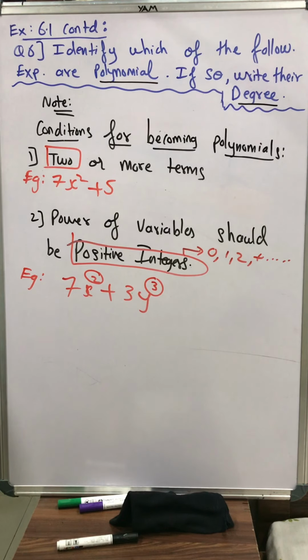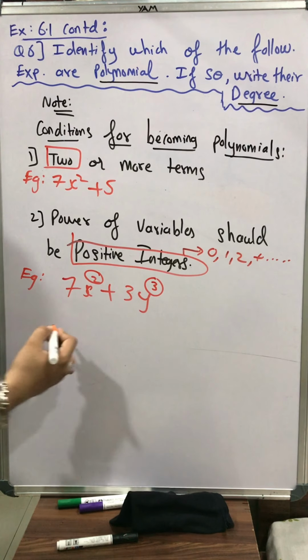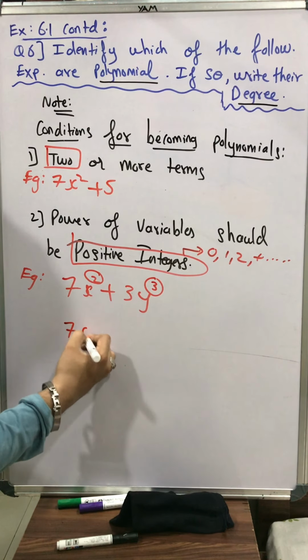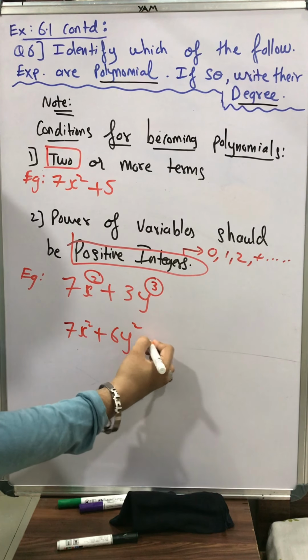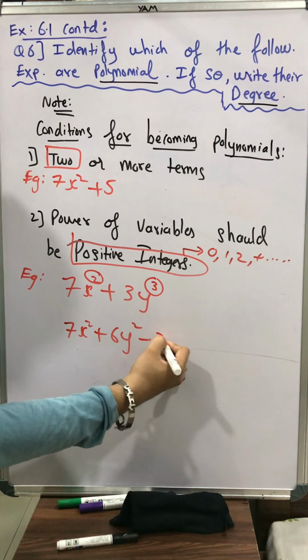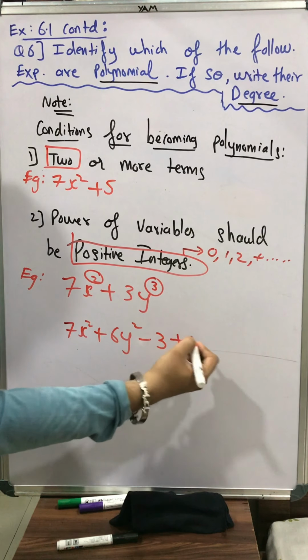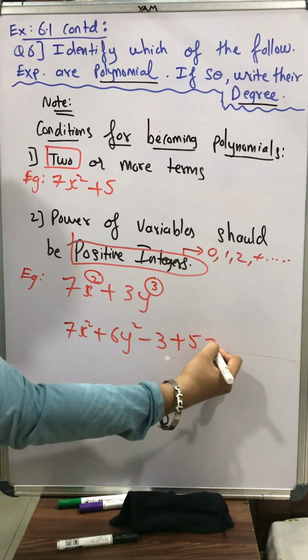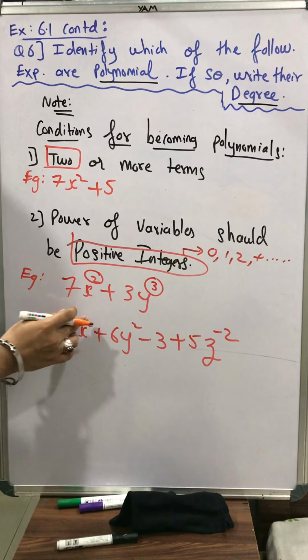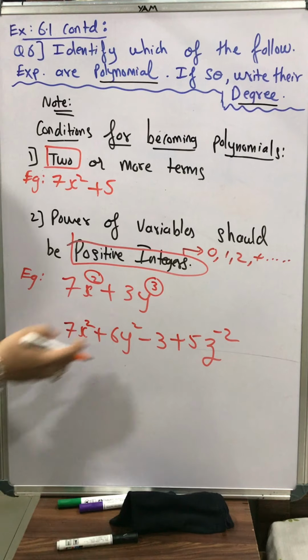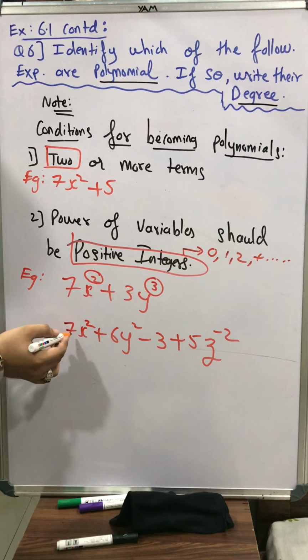It goes on. For example, I have an expression like 7x square plus 6y square minus 3, plus 5z raised to minus 2. Is this a polynomial? I don't have any problem with the first terms.